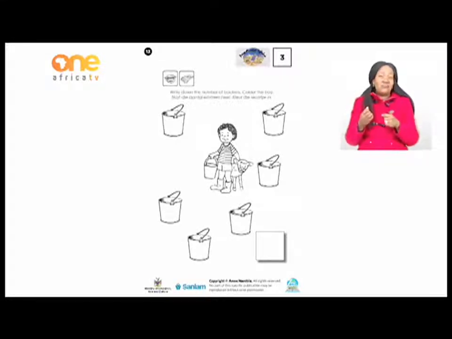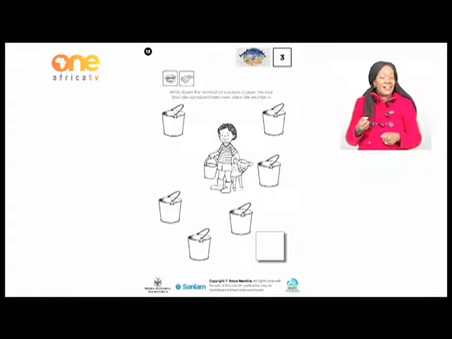Let's go together. 1, 2, 3, 4, 5, 6, 7. The 7th bucket is being carried by the boy.